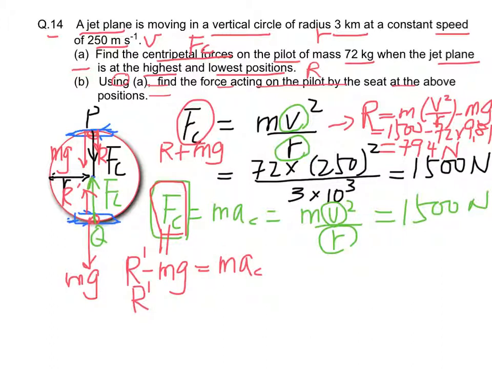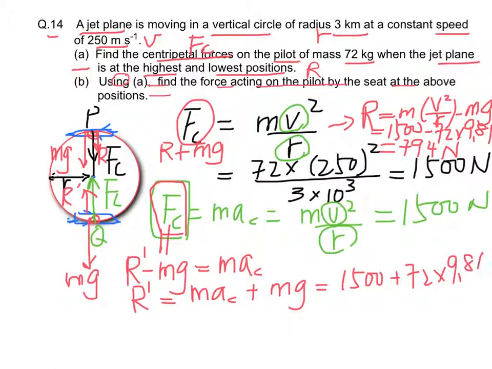Therefore, R equals mac plus mg, which is equal to 1,500 plus 72 times 9.81, which is equal to 2,206 Newton, which is heavier than his weight.